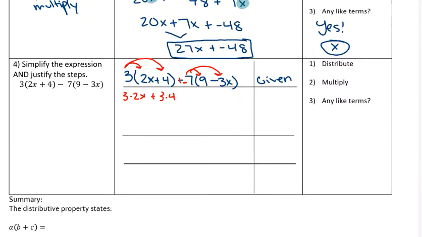And that 3 only went to what's inside these parentheses. And then this negative 7 goes to what's inside these parentheses. Okay, so plus negative 7 times 9 plus negative 7 times negative 3x. Okay, so that's our distributive property.